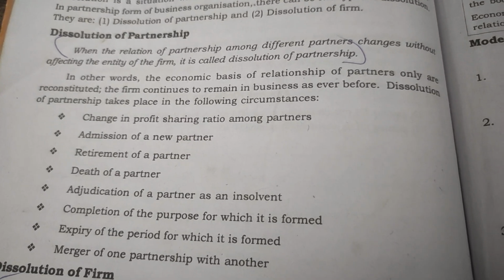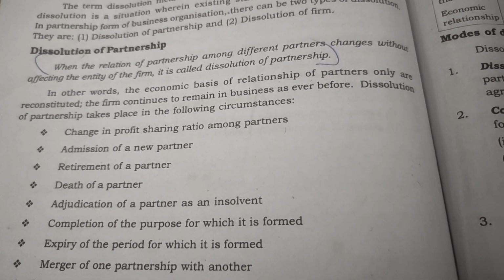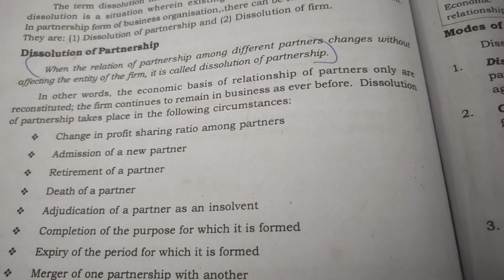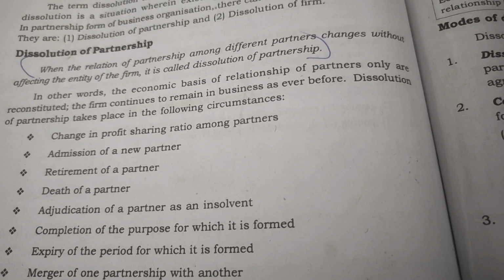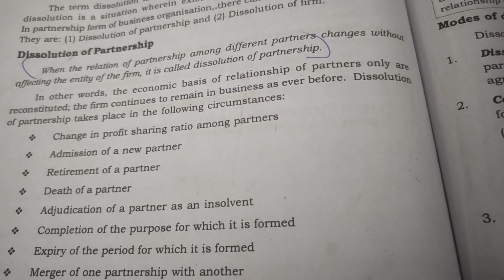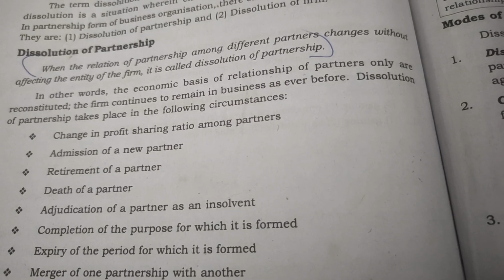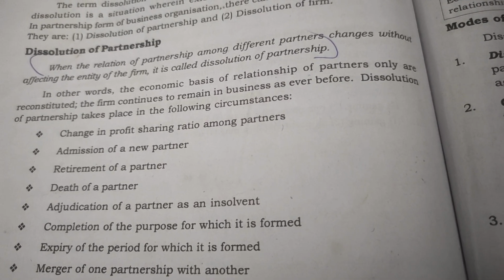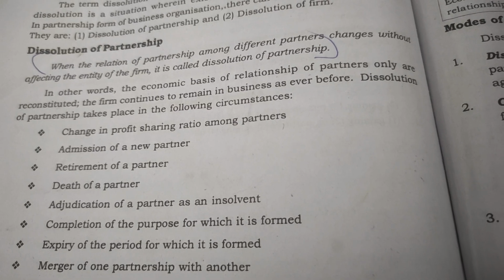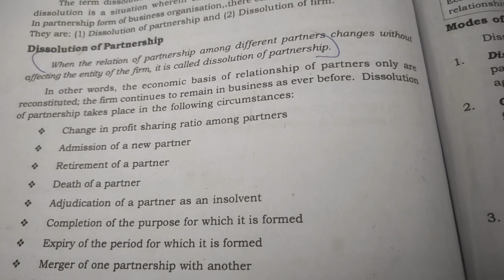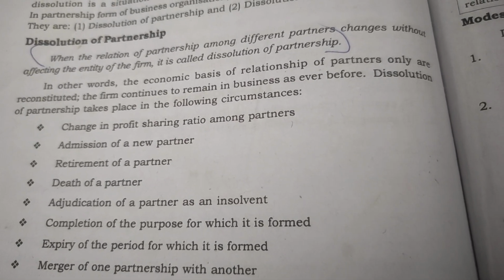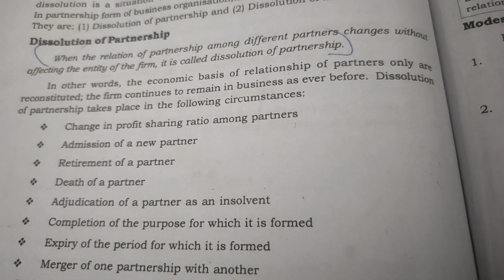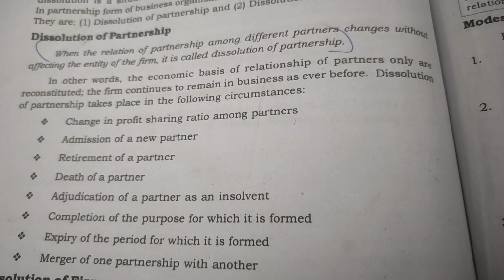There are certain circumstances in which dissolution of partnership takes place. That is, change in the profit sharing ratio among the partners, admission of a new partner, retirement of a partner, death of a partner, adjudication of a partner as insolvent, that is, he has not paid off his debts, completion of the purpose for which it is formed, expiry of the period for which it is formed.